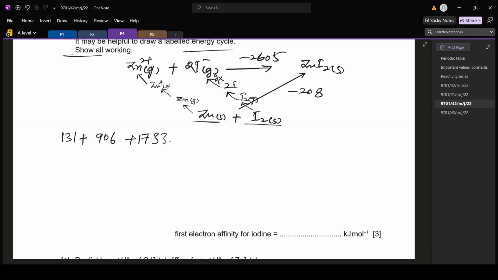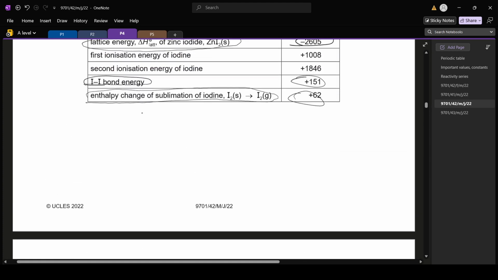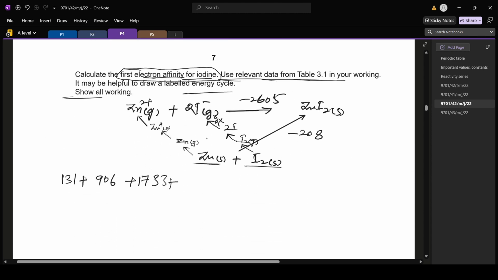Then we put the arrows head to tail, one on one side and the other on the other side. To sublime iodine, we have the enthalpy change of sublimation of iodine, which is 62.